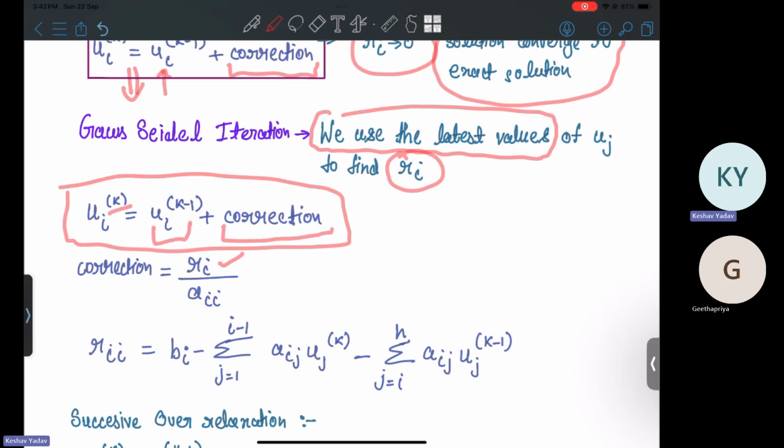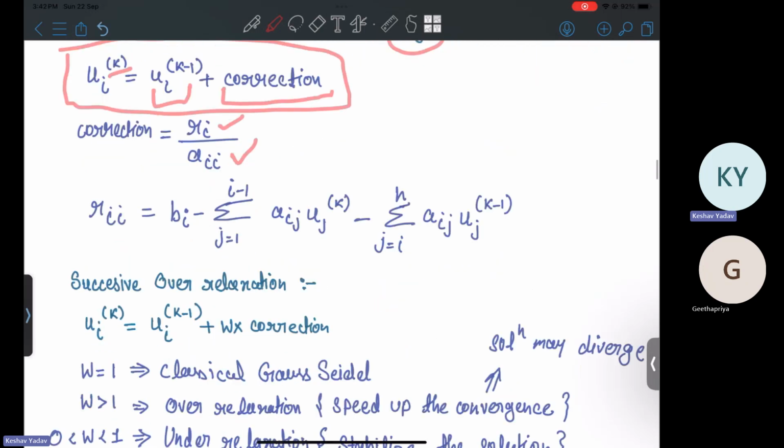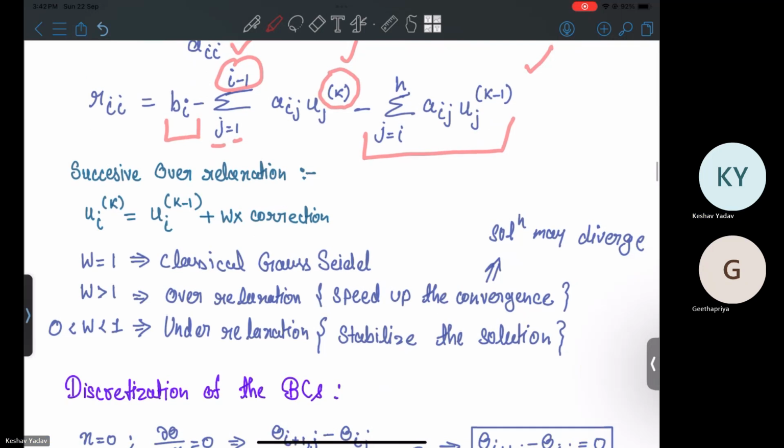That correction will be equal to ri divided by aii. But this ri will be equal to bi minus the sum over j from 1 to i minus 1, where we use the value of uj at the kth iteration, plus the remaining terms, where we use the unknown values at the k minus 1th iteration. Okay, so this is my ri.